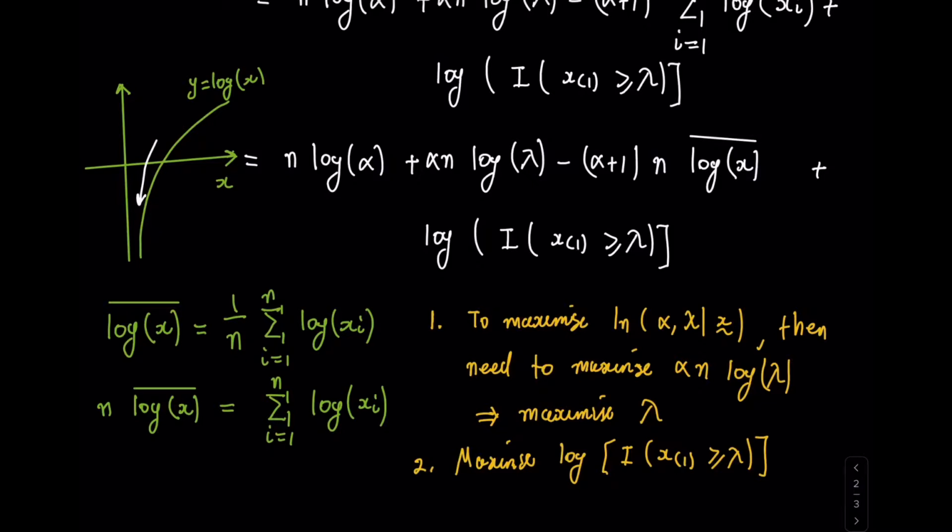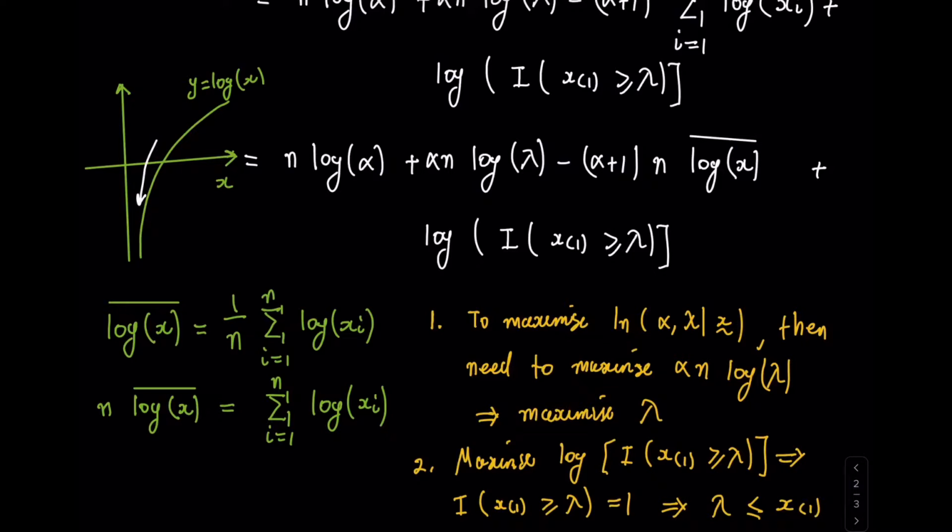So, keeping that in mind, we can say that is the equivalent of I of x subscript bracket 1 greater than or equal to lambda is equal to 1, which by definition is the condition that lambda is less than or equal to x1. So we've derived two separate logical statements about lambda from our formulation of the log likelihood function.